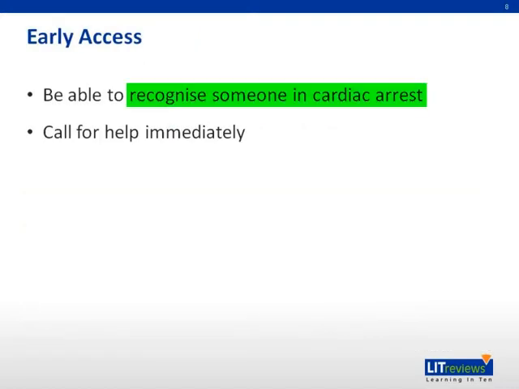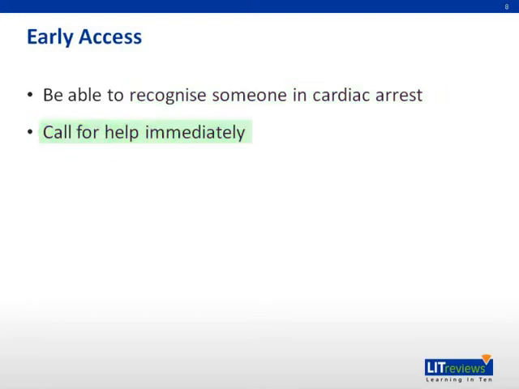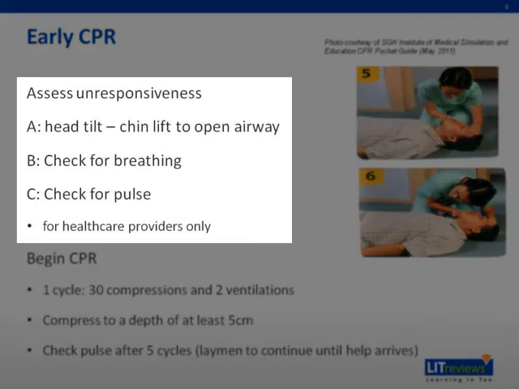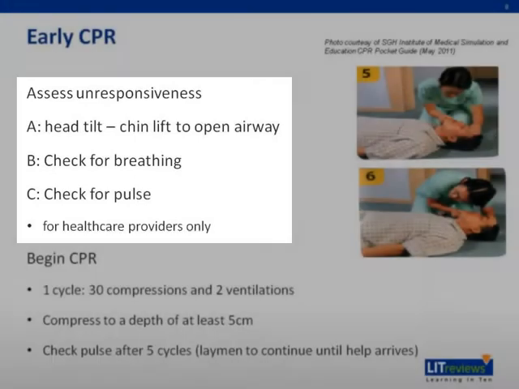Once you have recognized that someone is in cardiac arrest, call for help immediately. This means activating the Code Blue team by pressing the Code Blue button that is above every patient's bed in the hospital. While waiting for help, ensure that the environment is safe for you to resuscitate the patient. Then begin basic life support by following the acronym ABC.